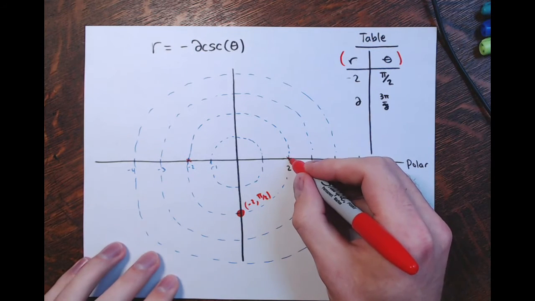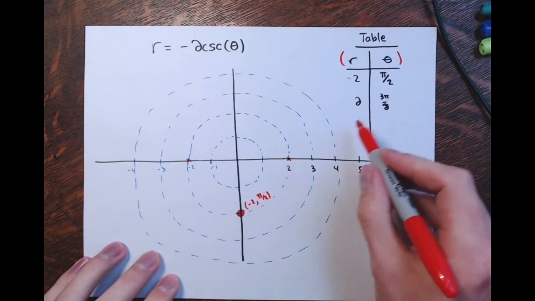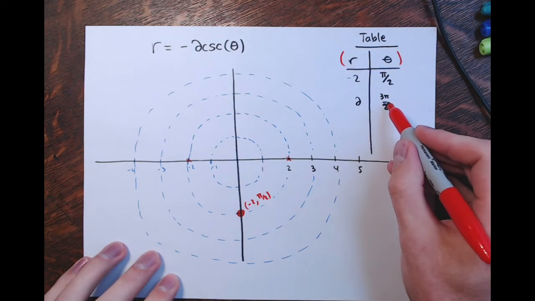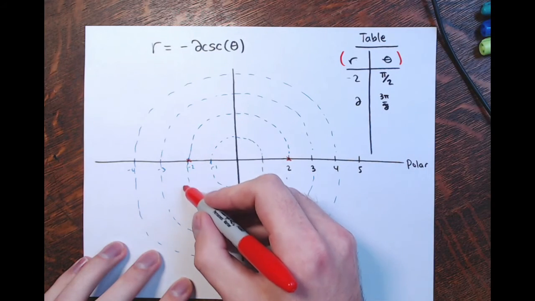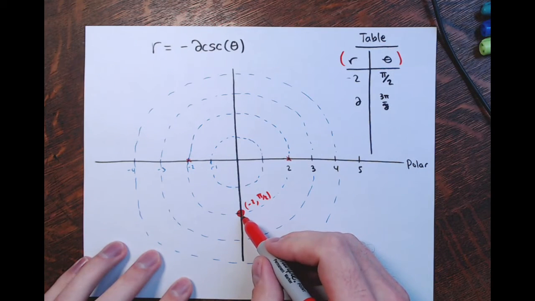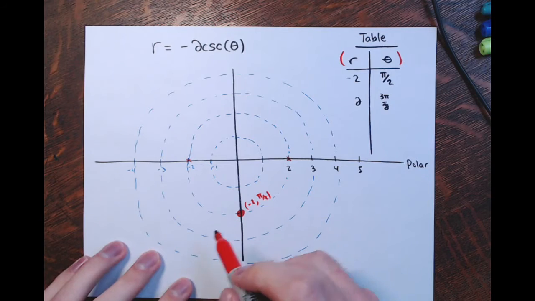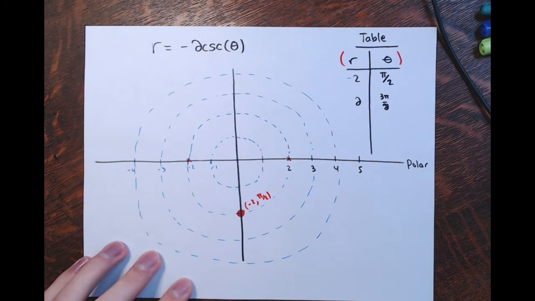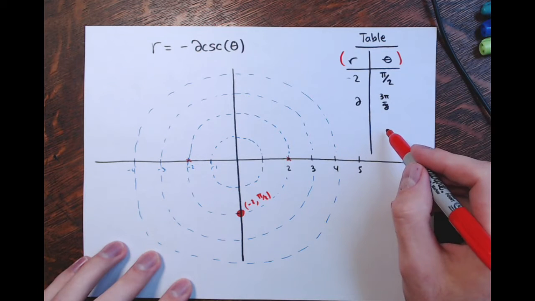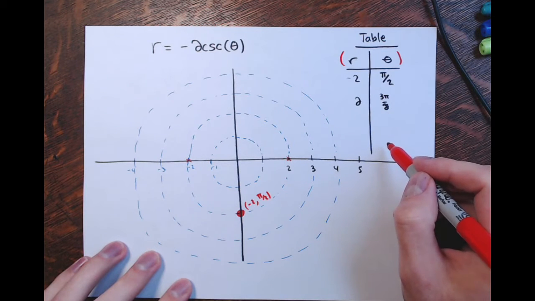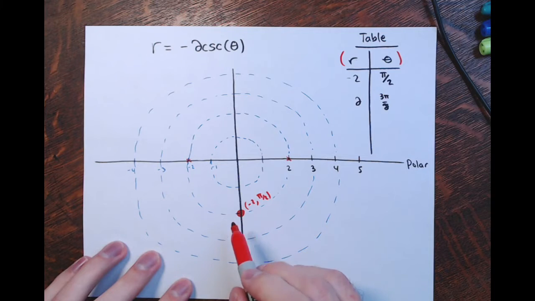I start at positive 2 for r, and I travel positive 3 pi over 2. Oh man, it's the same point again. And you see how the same thing would happen for 5 pi over 2, 7 pi over 2? I would always land at this point.